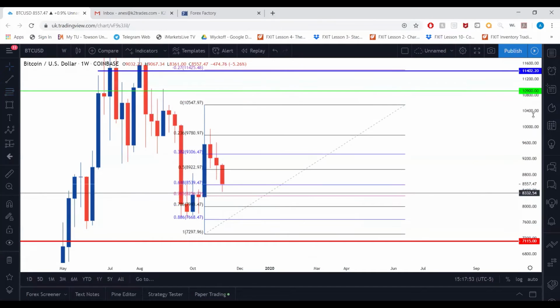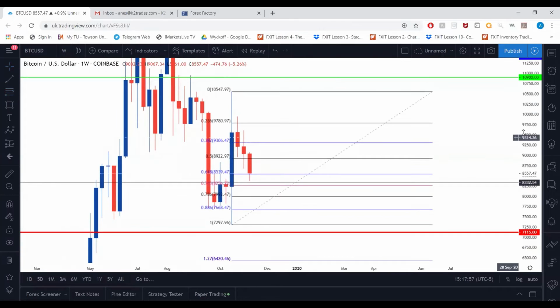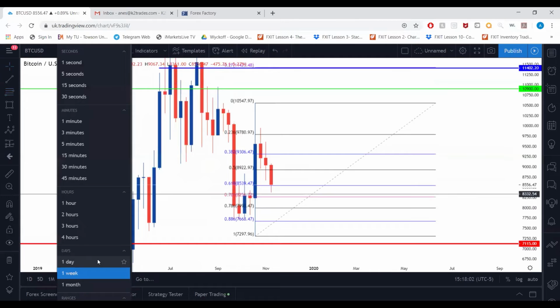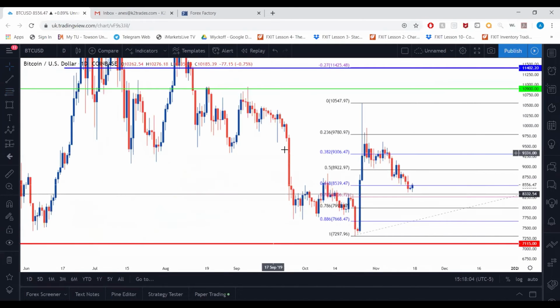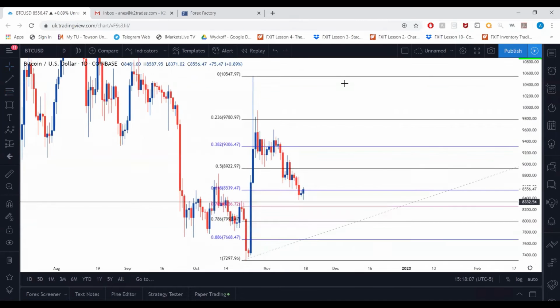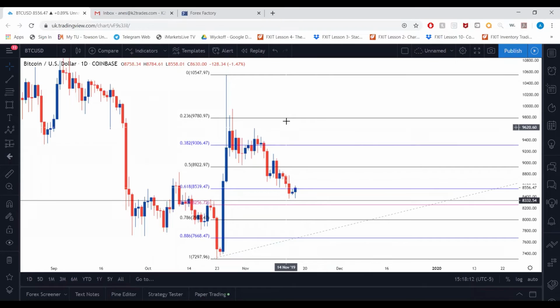Yeah, 61.8 on the weekly. Yeah, on the daily it is already starting to show signs of the reversal.